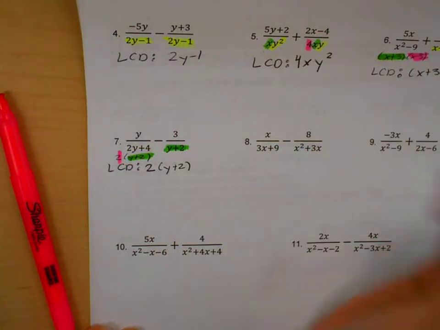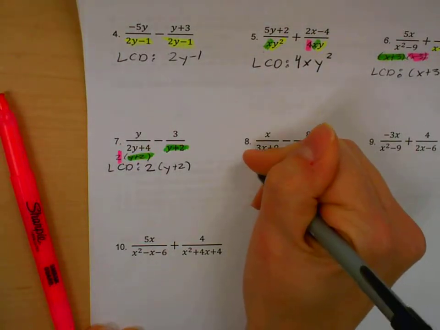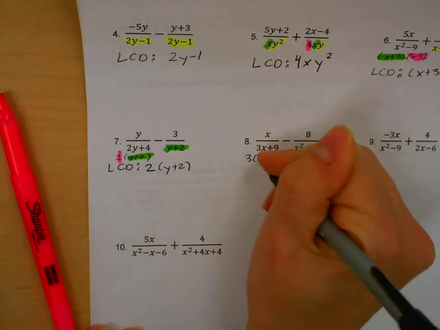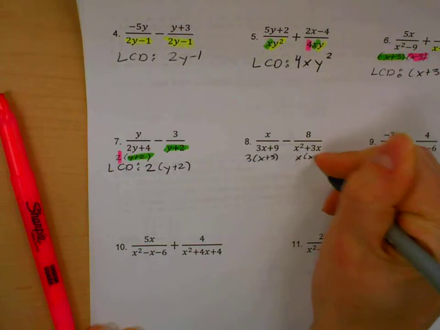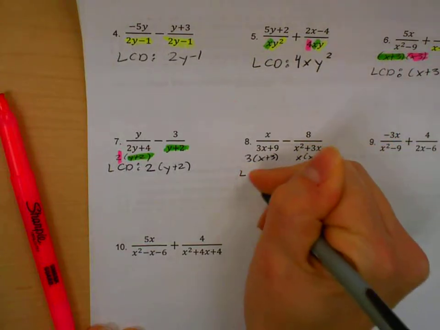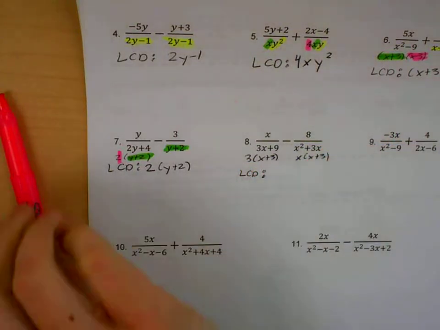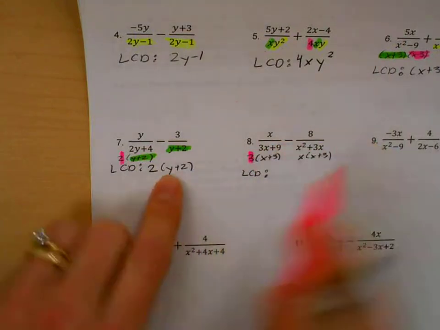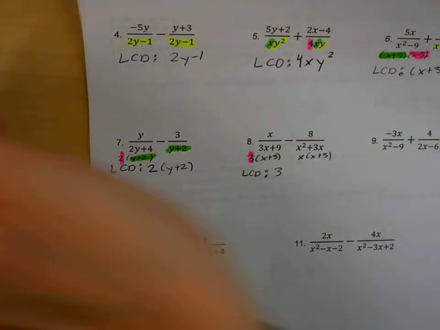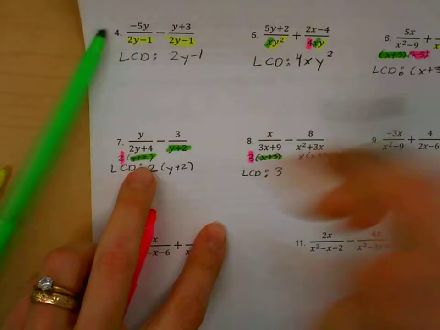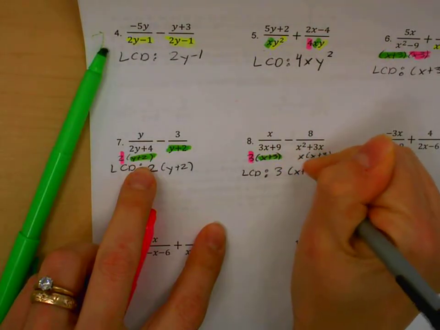All right, so let's look at number 8. Again, I'm going to take out a GCF down here of 3. And over here I can take out a GCF of x. So now let's go through and figure out our least common denominator. Starting with this one, I have a 3. Definitely want that as part of my least common denominator. I have an x plus 3. Definitely want that.